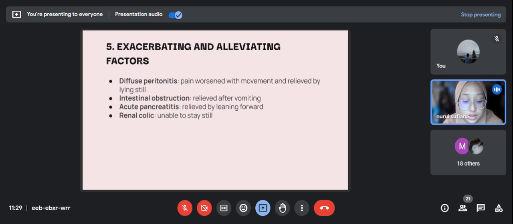For intestinal obstruction, the pain could be relieved by vomiting, and for acute pancreatitis, relieved by leaning forward or curling themselves into a ball position. And renal colic, usually the patient is unable to stay still due to the severe pain.